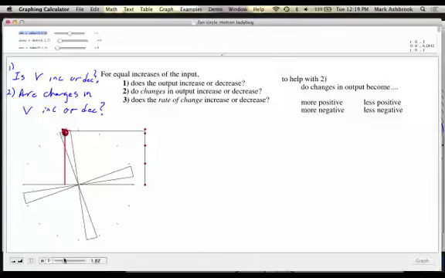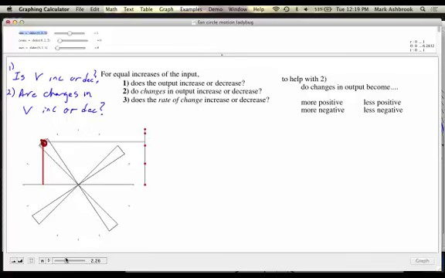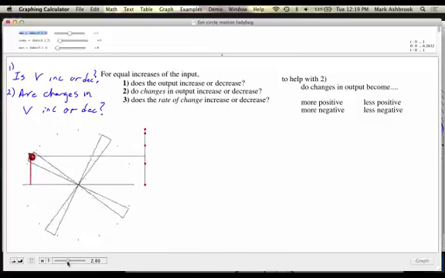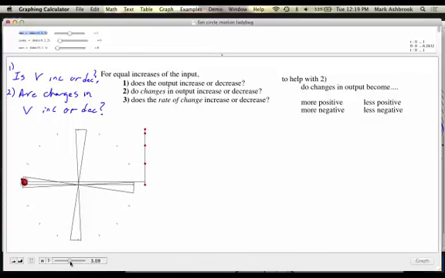That vertical distance. The changes, if we look over here to the right, are negative changes. Are they getting more or less negative? More negative. So this first is a little negative change, then a little bigger negative change, then the biggest negative change is at the end. When the changes get more negative, are those changes increasing or decreasing?